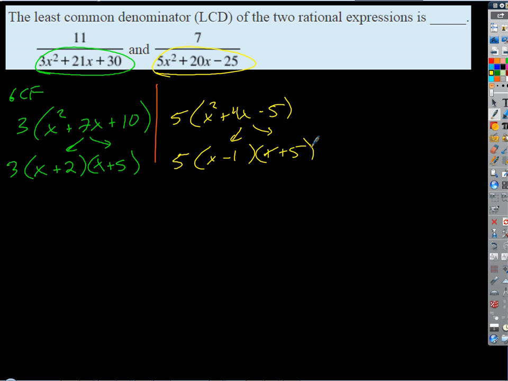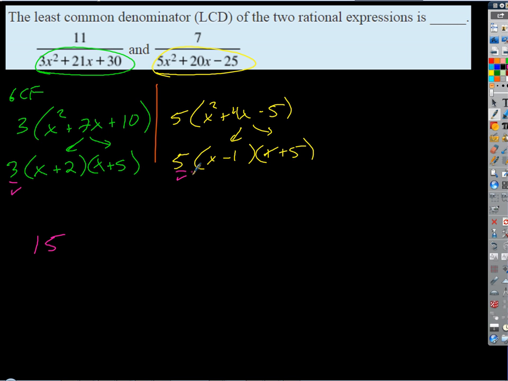Okay, so everybody stop what you're doing now. Take a look. Let's see if we can build our LCD from this, right? We want our least common denominator from both of those factored denominators. So first thing, what about the numbers? What's the least common multiple of 3 and 5? 15. Okay, so we can take care of the 15. That accounts for both the 3 and the 5. They both divide into that, right?